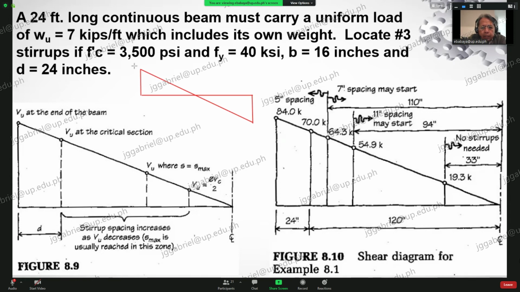This is 84 kips, and in here is also 84.